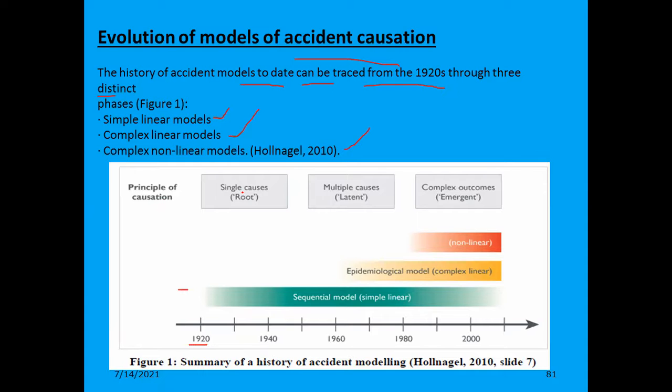A tree or plant has a root, the main root, and from that root the sub roots come. So you are having a single cause, the only single root cause, it is called. In the 1940s the sequential model has been simply linear, meaning multiple causes. So the multiple causes depend upon the latent. Next, epidemiological model, the complex linear models. So the next concept we are having is a non-linear model.